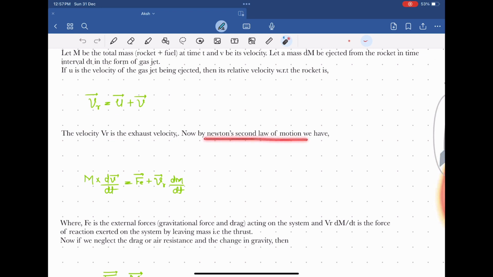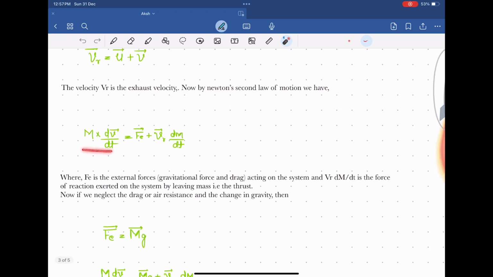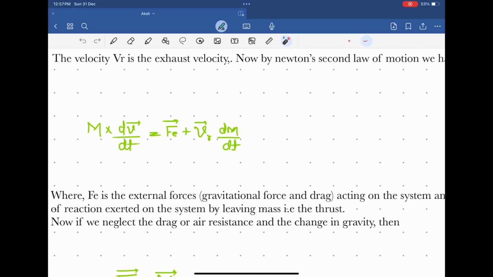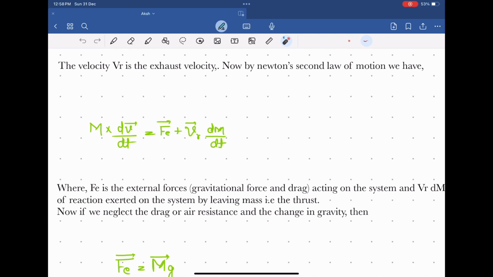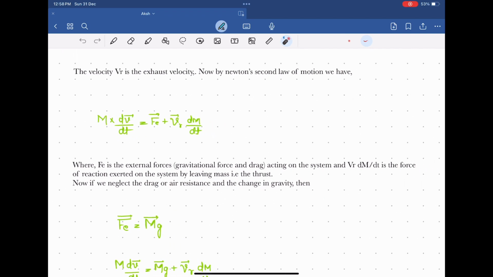Now by Newton's second law of motion, we have m dv/dt equals Fe plus vr dm/dt. From the second law of Newton, we know that F equals ma, where M is the mass and a is the acceleration. The total force is written as Fe plus vr dm/dt, where Fe is the external forces that consist of gravitational force and the drag force, that is the resisting force acting upon the system.